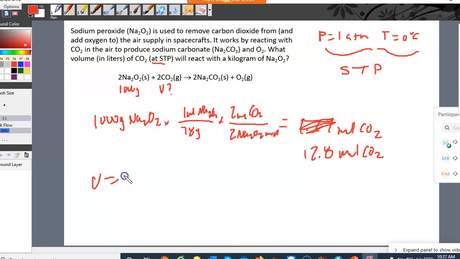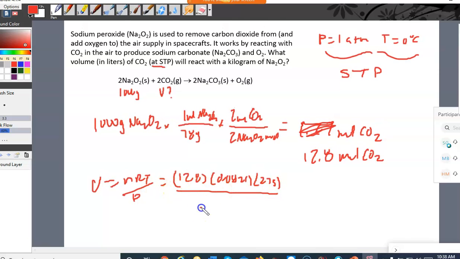Okay, so V equals nRT over P. So 12.8 times 0.0821 times 273, divided by 1. Big numbers. 287.